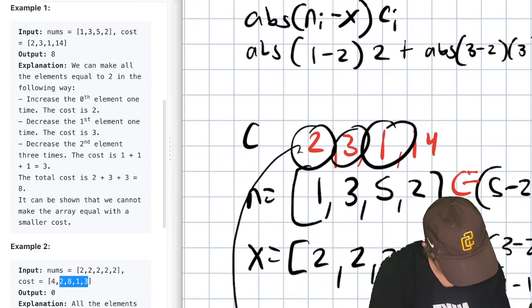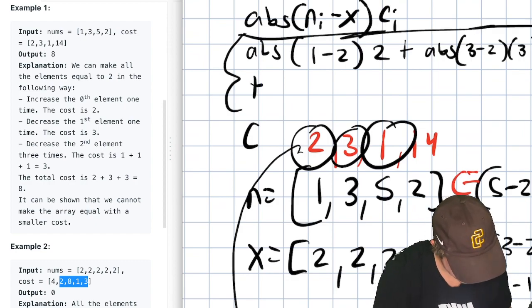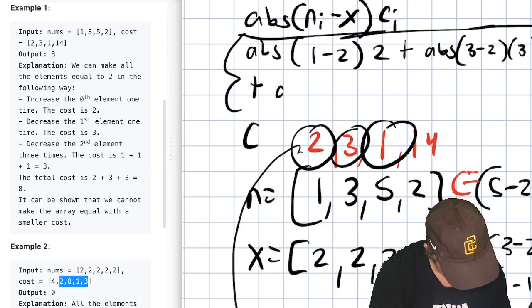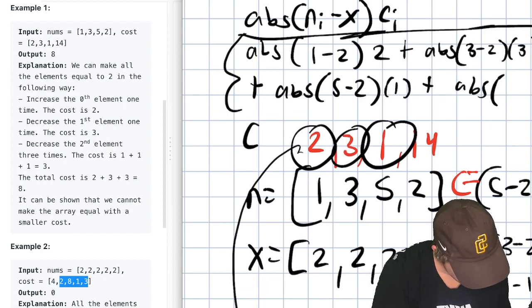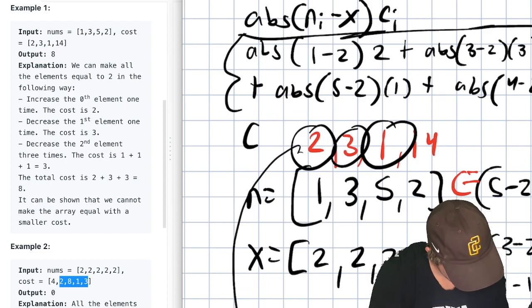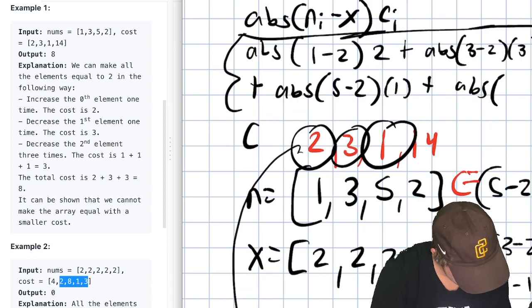To get 5 to 2, plus the absolute value of 5 minus 2 times 1, plus the absolute value of 4 minus 2 times 14.